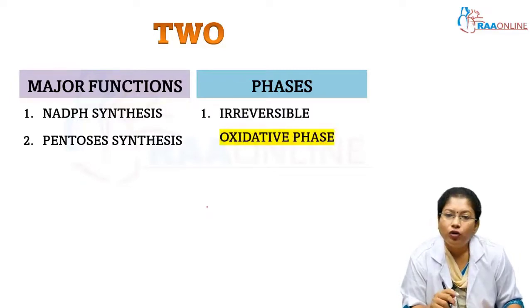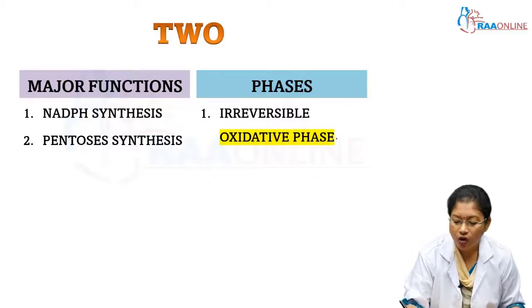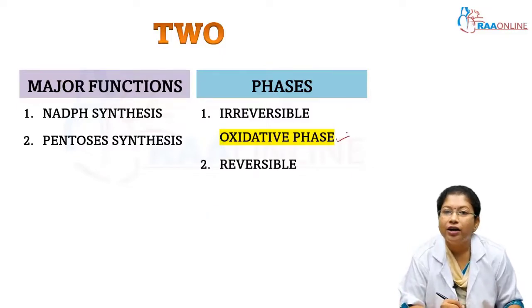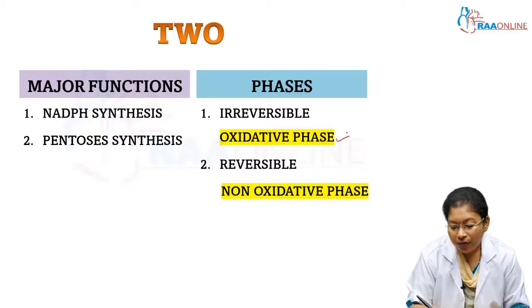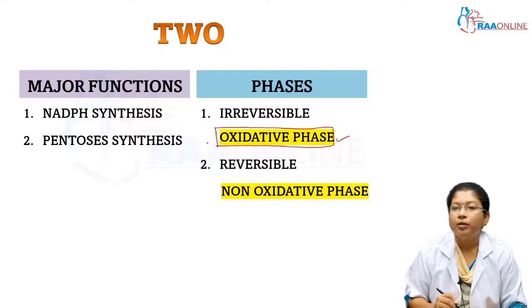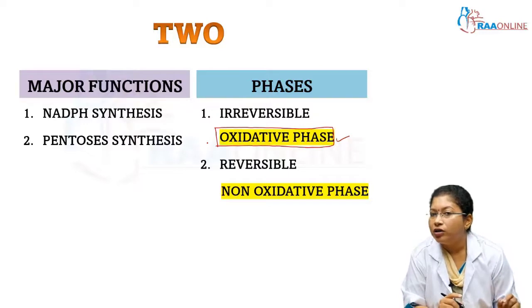And what are the 2 phases? It has 2 phases. One is irreversible phase and another one is a reversible phase. Irreversible phase is oxidative phase and reversible phase is non-oxidative phase. From the name itself you can understand, I've said in the previous slide that it will produce carbon dioxide directly in the shunt pathway.